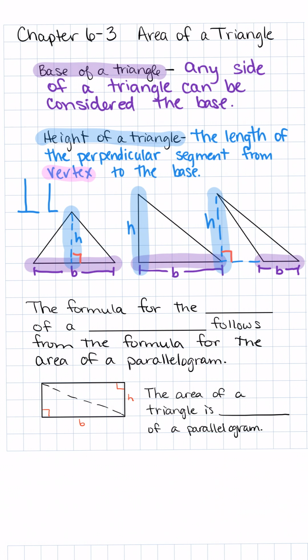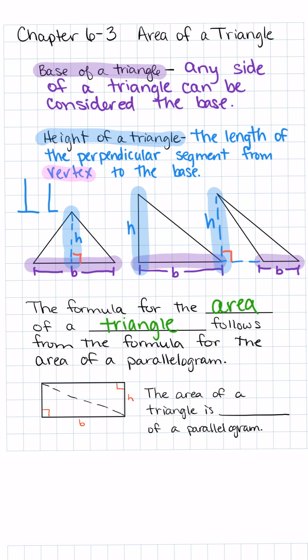The formula for the area of a triangle follows from the formula for a parallelogram. So the area of the parallelogram is base times height. So see how it is really two triangles put together form a parallelogram.